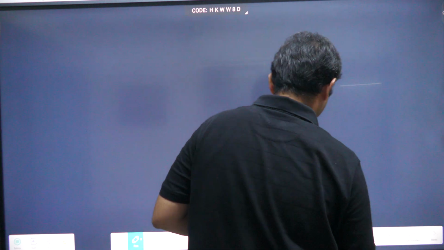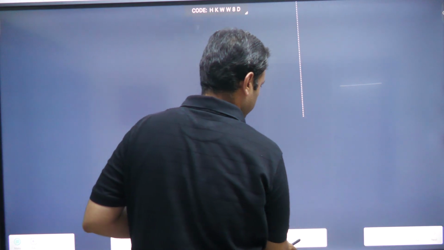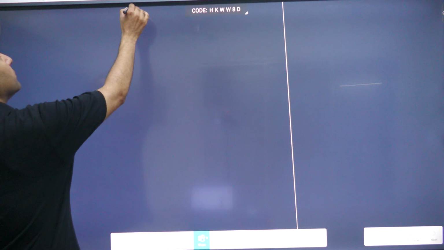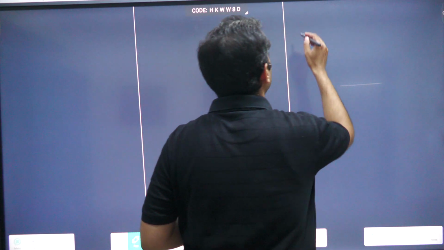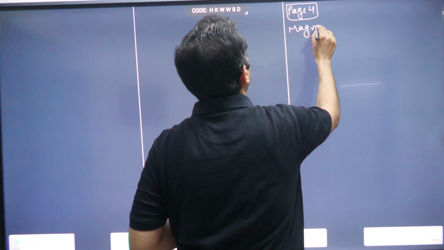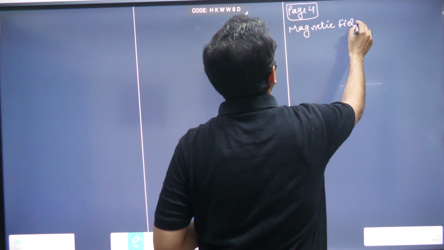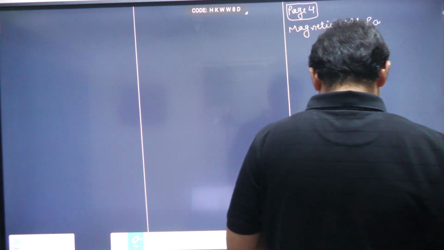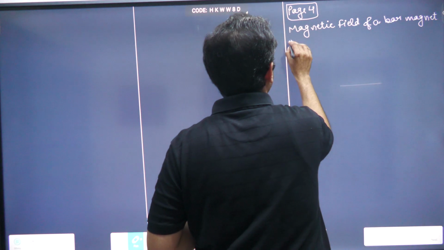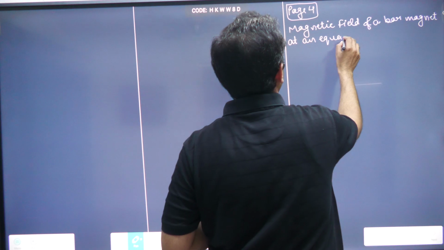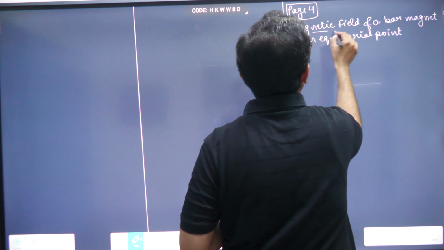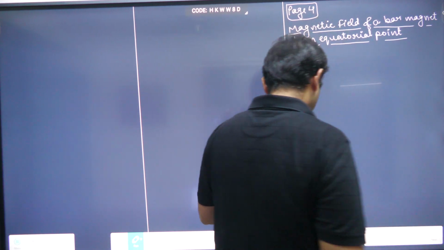Magnetic field of a bar magnet at an equatorial point.